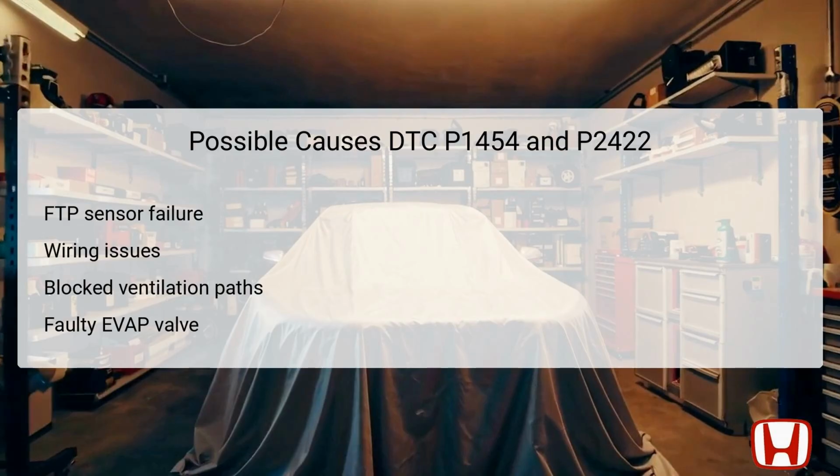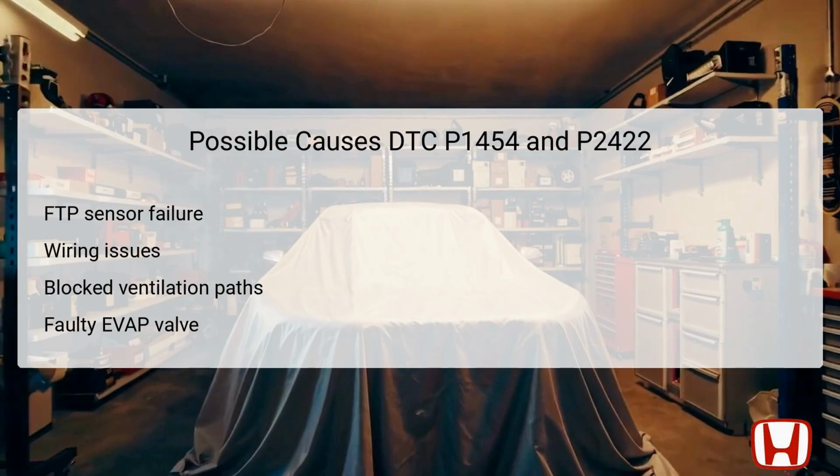Next, wiring issues such as damaged or corroded connectors between the FTP sensor and the PCM could also lead to the code being triggered. Additionally, a blockage in the ventilation paths, including the FTP sensor vent port or the EVAP canister vent hose, can cause pressure anomalies, directly leading to DTC P1454.